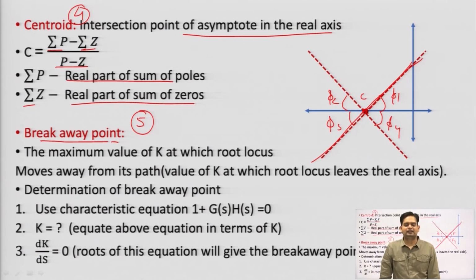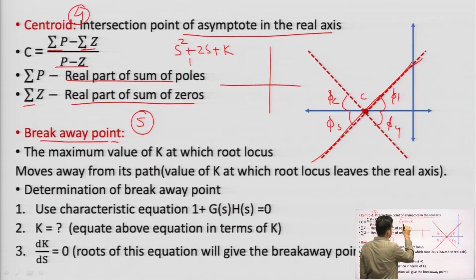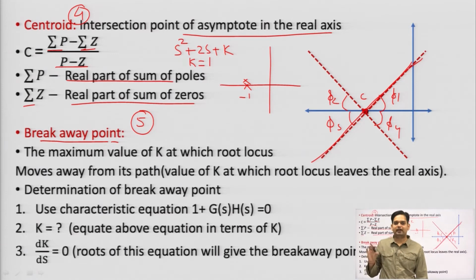If we take the previous example of the root locus, where the quadratic equation was s square plus 2s plus k, and when we put k equal to 1, we get a repeated root on the real axis, that is at -1. So, whenever the poles overlap, after that the poles will leave the real axis, and they will try to terminate at infinity.